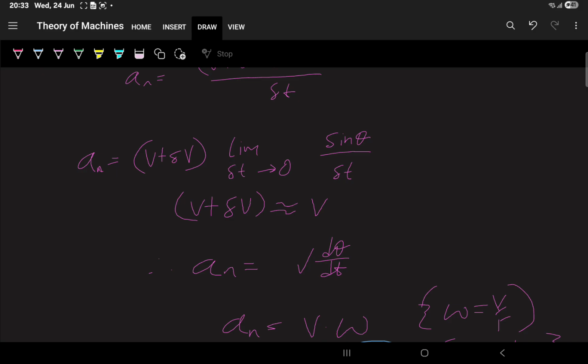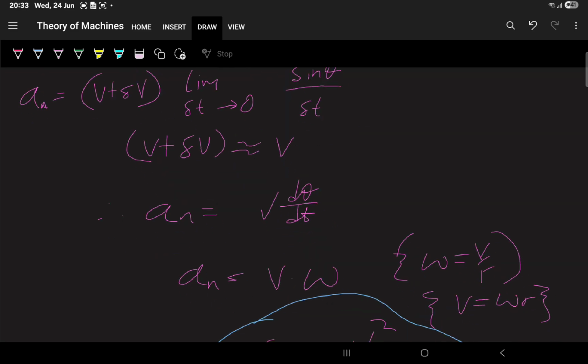Also, we deduced earlier on that as change in t approaches 0, change in theta also approaches 0. So we're dealing with theta and t right here. So v plus change in v is considered a constant, so we brought it outside.